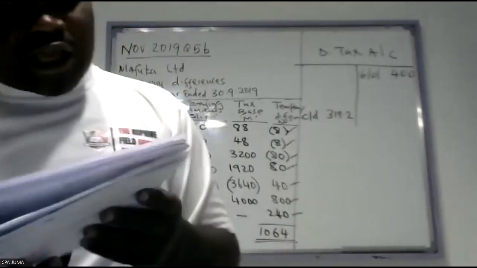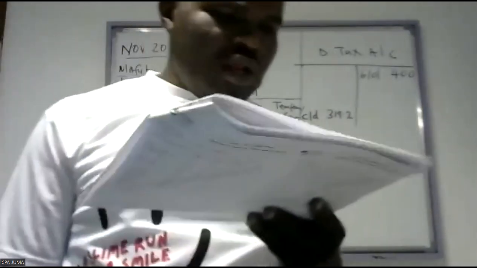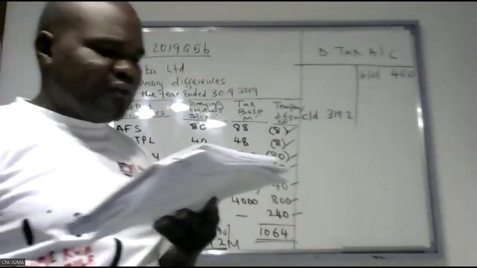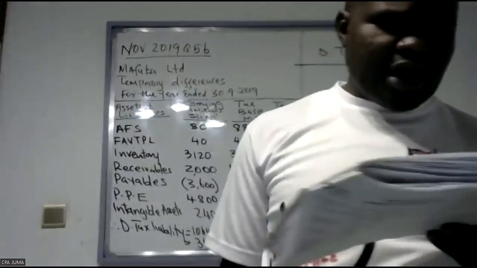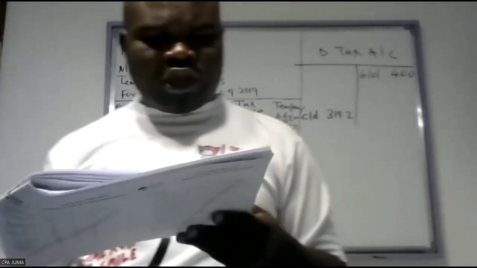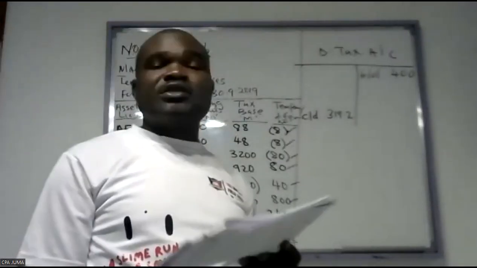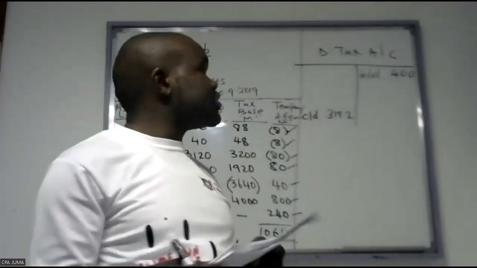Then the other revaluations are in note 1. The company has available for sale financial assets with a carrying amount of 80 and financial assets at fair value through profit and loss of 40. Both financial assets had reported losses in fair value of 8 million. So an asset losing value is more or less a revaluation loss.